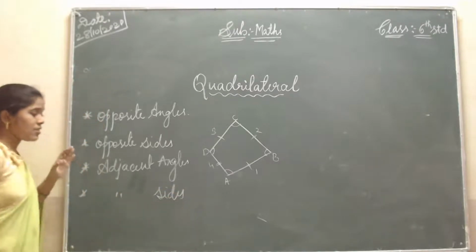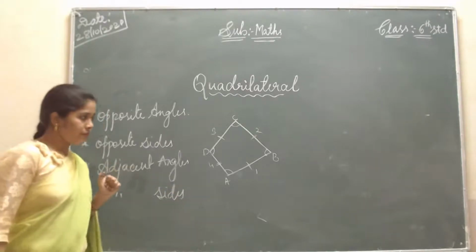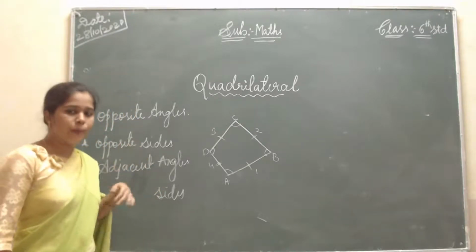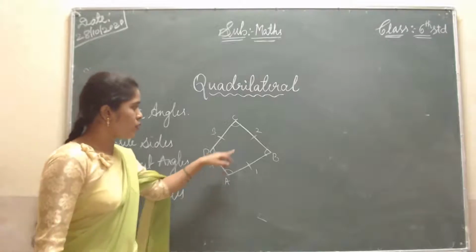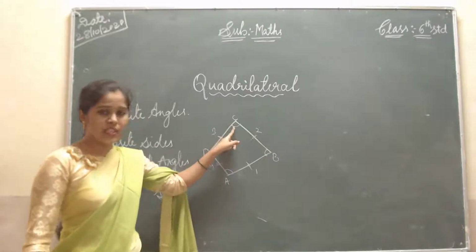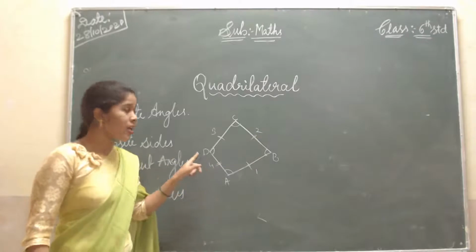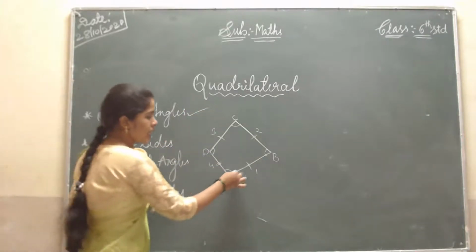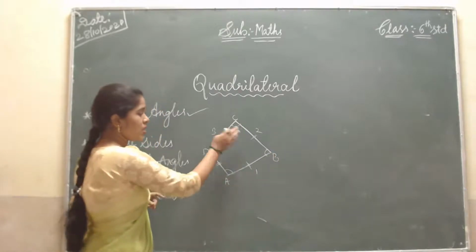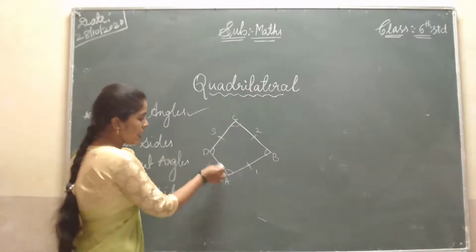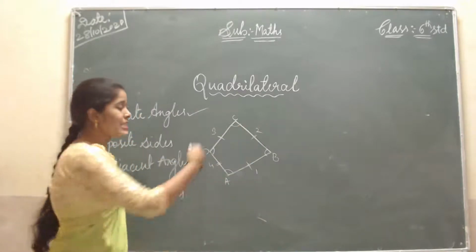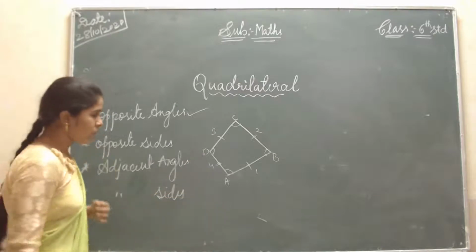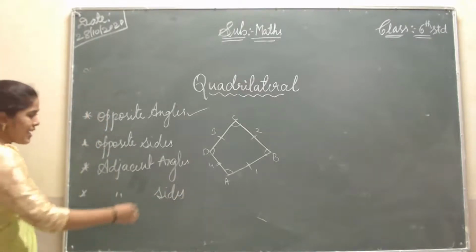So in this there are 4 points we have to find. First, we already know opposite angles. Opposite means in front. A opposite to C, B opposite to D. These are the opposite angles. Next, opposite sides. AB is one side, AB opposite DC, AD opposite CB, or CB opposite DA. Okay, so these are the opposite sides.